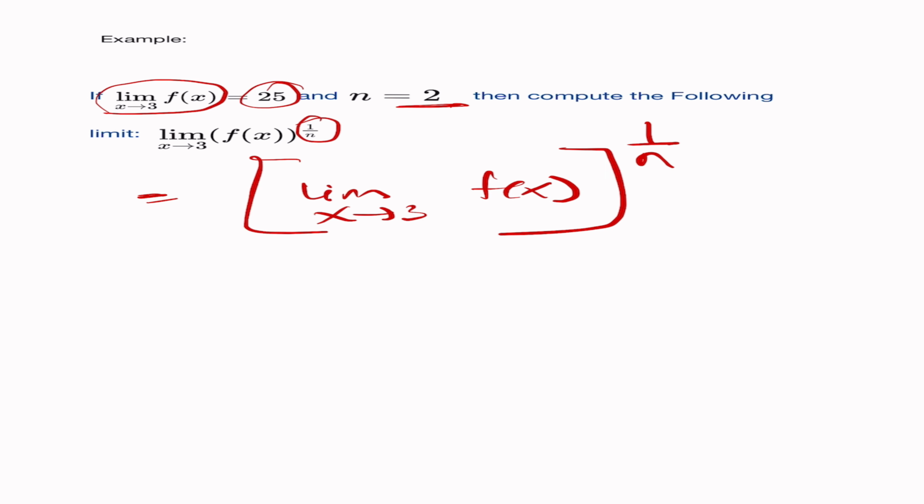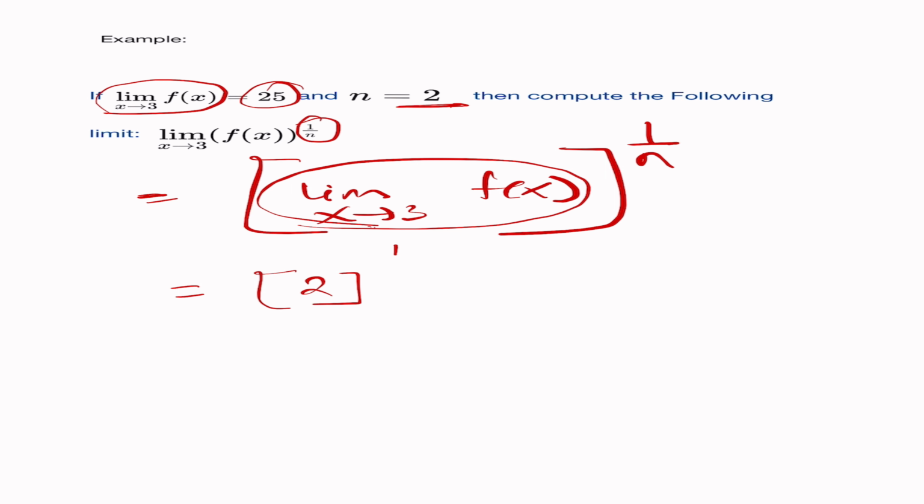What's the value for this? It's simply 25, and our n is 2, so 25 to the power 1 over 2, which is simply the square root. Power half is simply the square root. So the square root of 25 is 5, and that is our answer.